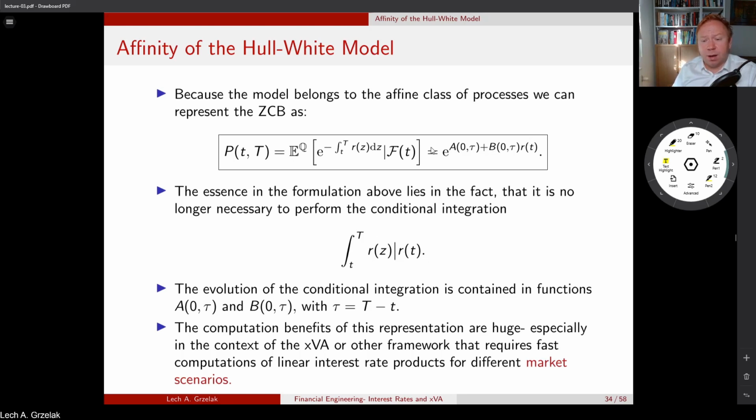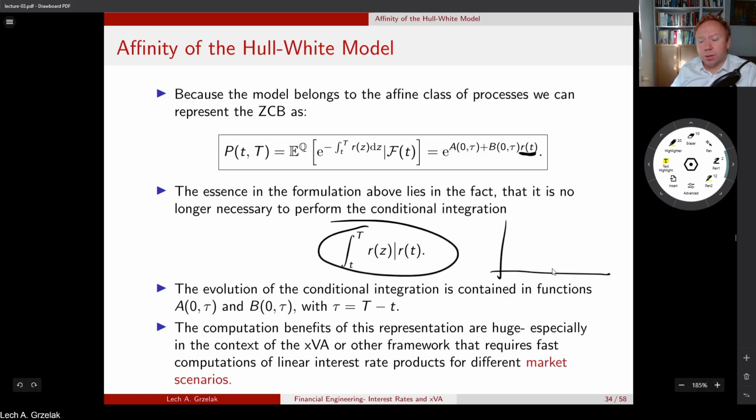Because we have this affinity, and dependence only on the paths at a given time t, we don't need to perform nested Monte Carlo simulations to get the conditional expectations. Again, just to summarize, maybe I'm repeating myself, but this is really crucial. If we have some time Ti and we simulated our short rate model, then at this point we can just substitute the value of a path into this expression.